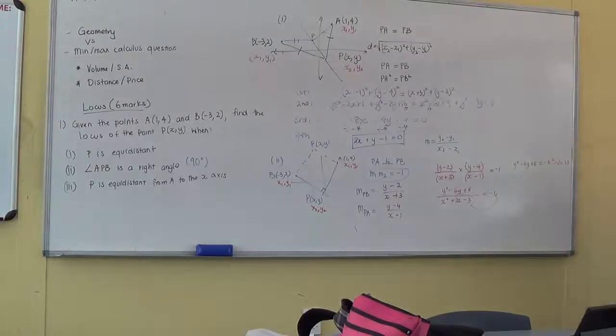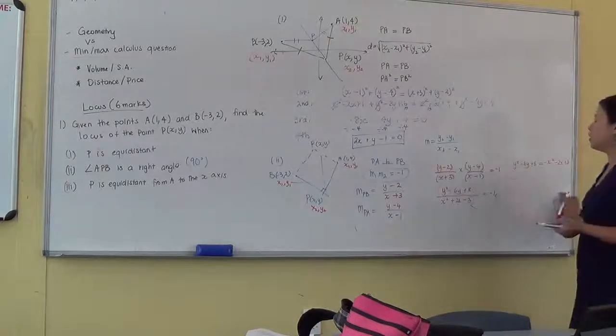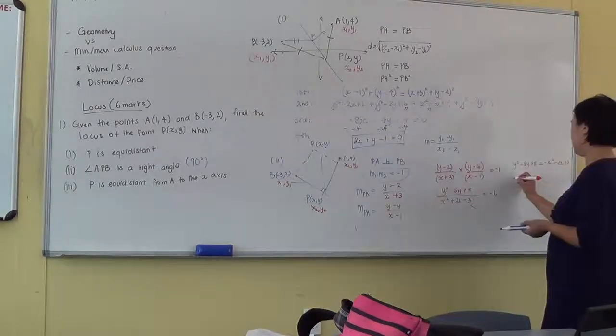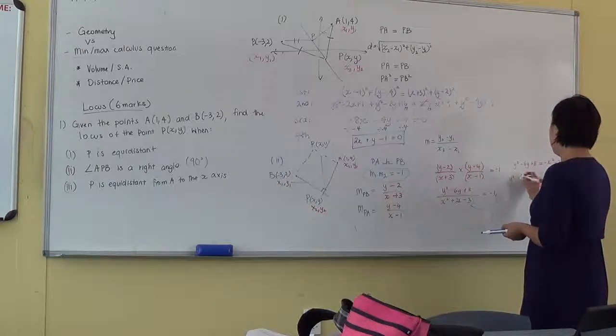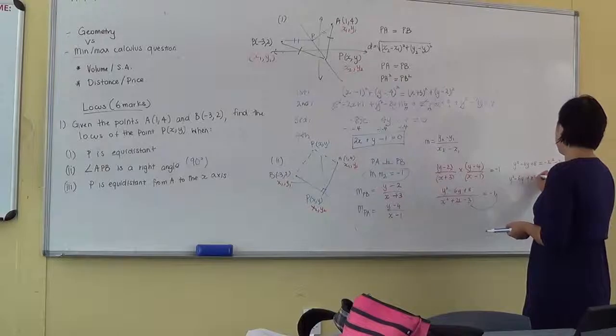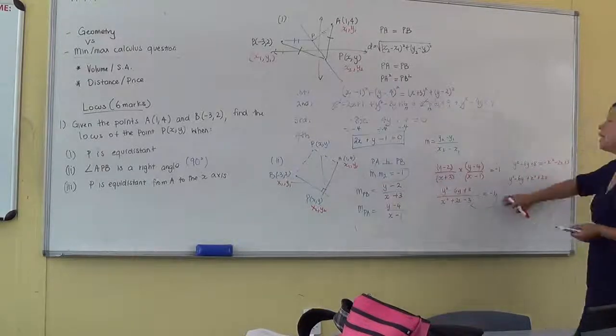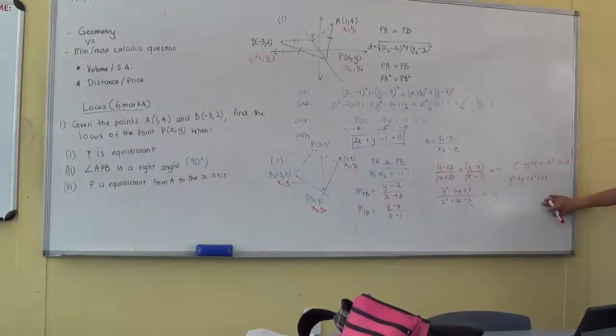And now I'm going to try and make all the terms on the left hand side, so plus x squared. All the x and y terms are on the left hand side, and on the right hand side we're going to have the numbers.